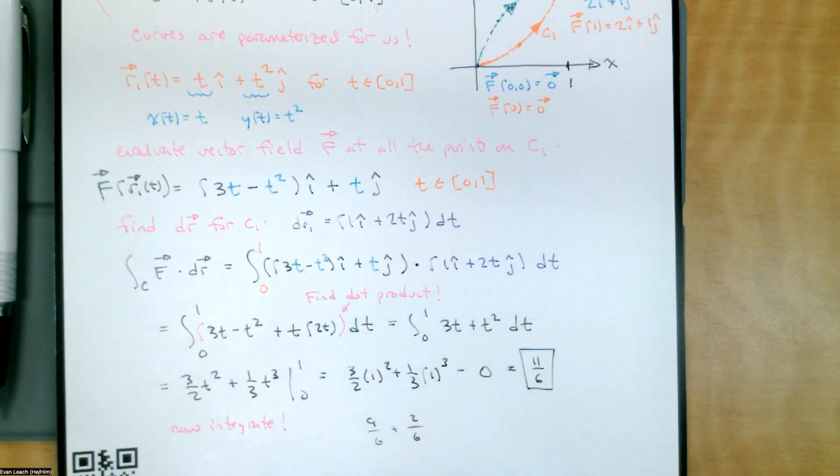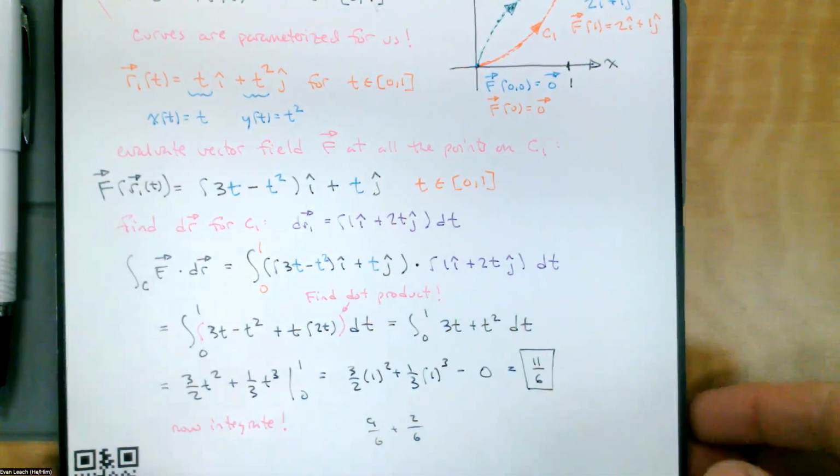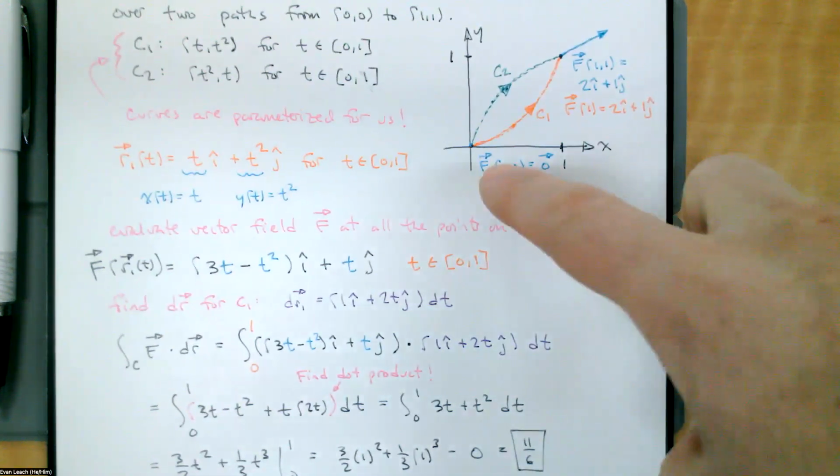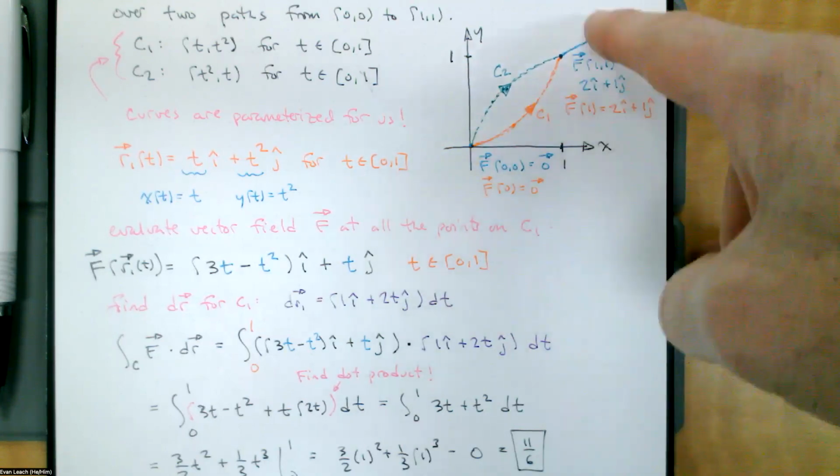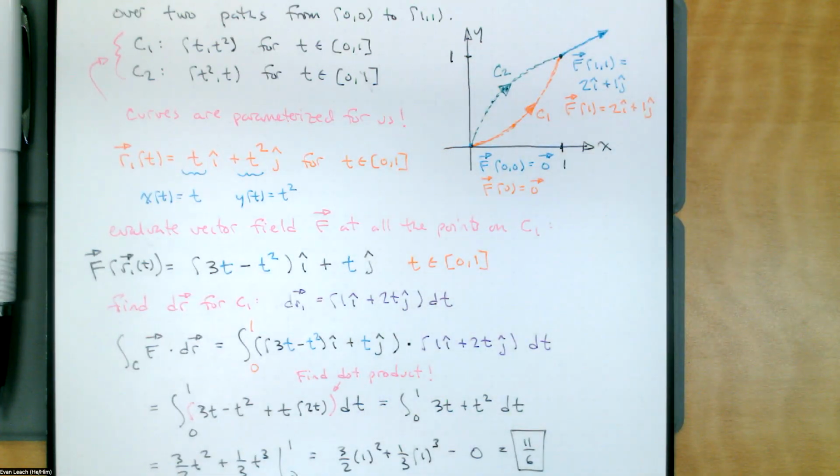Any questions? This was the line integral along the path C1 from 0, 0 to 1, 1, following this parabola. Let's follow the other parabola. So we have a different parameterization for the path C2.